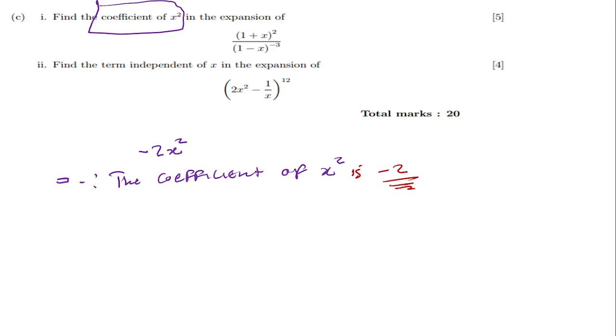So this one is your a, this one is your b, and this one is your n. So you have a is equal to 2x squared, b is equal to negative 1 over x, n is equal to 12, but r you don't know.